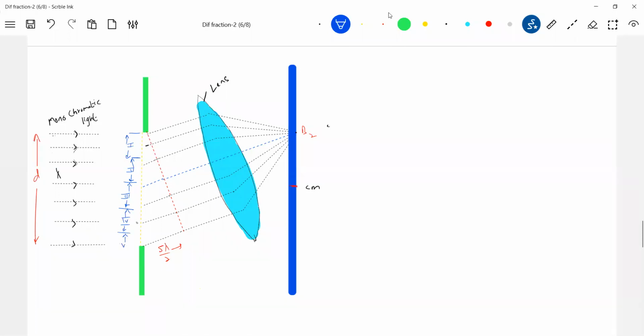Not up to the scale. I put 5 parts. So what is this 5 lambda by 2? I think I'll mess up this diagram, so I'll put a simplified one.